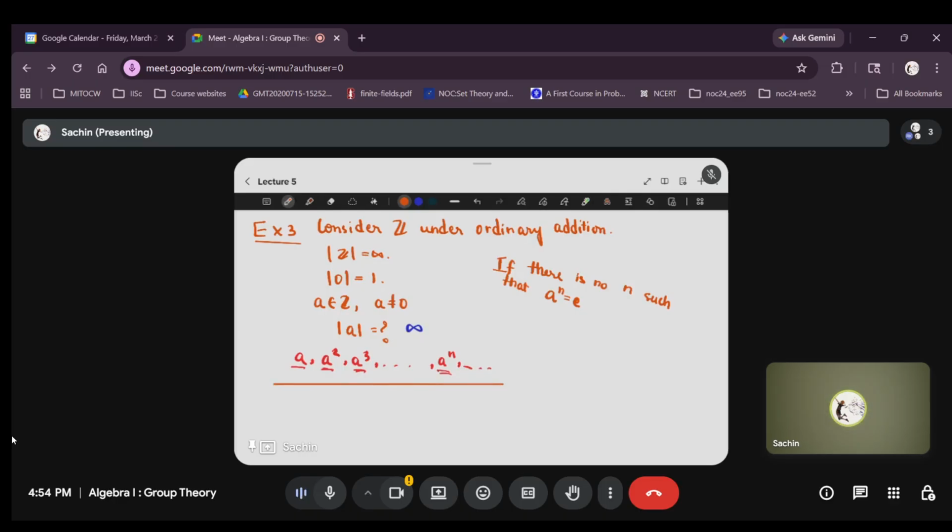Why can't it have this infinite order, but a square, a cube, and then this will again repeat after a power k, then a power k plus 1 is equal to a? Why can't this happen?